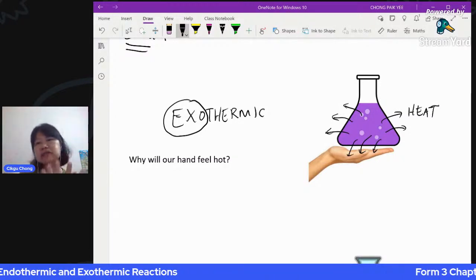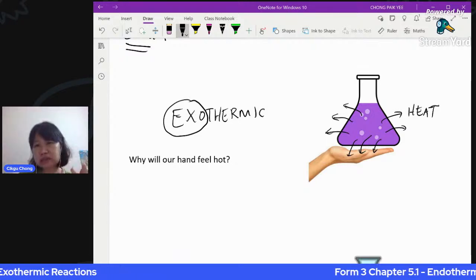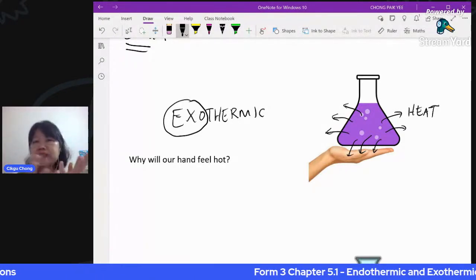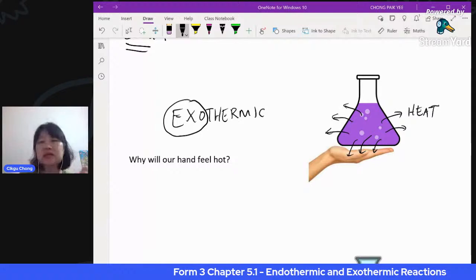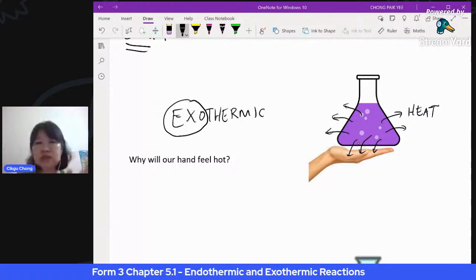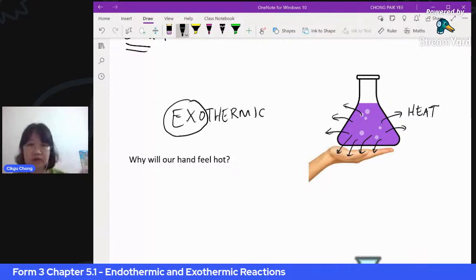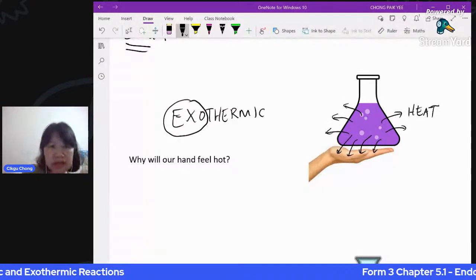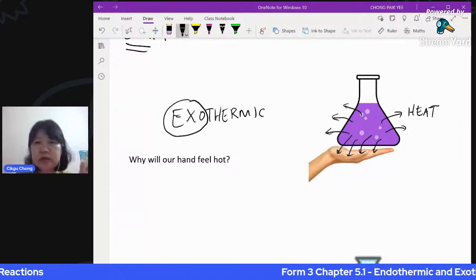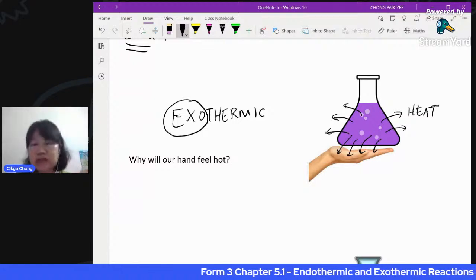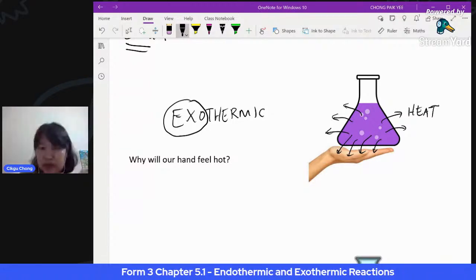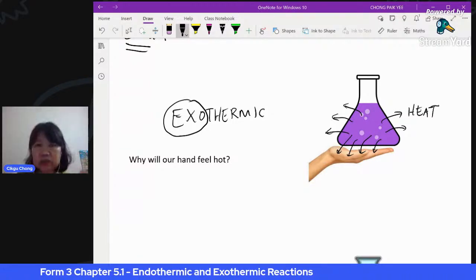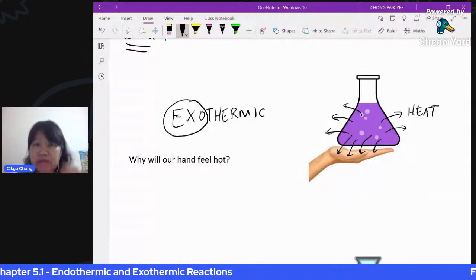So when your hand receives the heat, you will feel that it's hot, because it's taking the heat from here. You're going to feel it because the heat is coming to your hand. So it's going to be warmer. You can feel it's warmer.